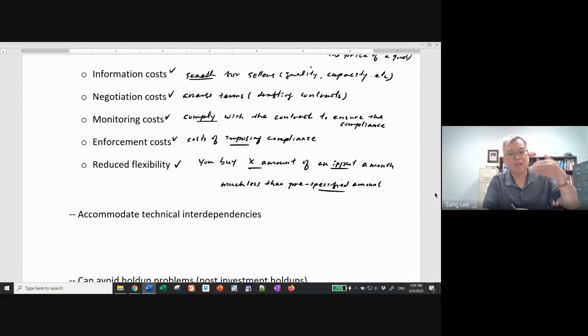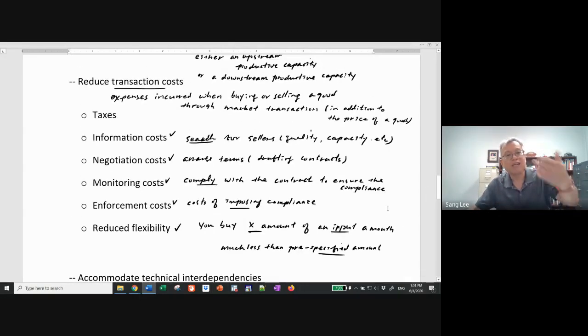If you had what, an upstream division within your company, and if that upstream division produced what, the necessary input, then what? There's no legal contract, right? Because you are still in the same company, so you can flexibly, what, increase or decrease the production of an input. But when you use a market firm based upon legal contract, then what? You don't have such a flexibility. So these are all examples of what, transaction costs that occur when you use market firms.